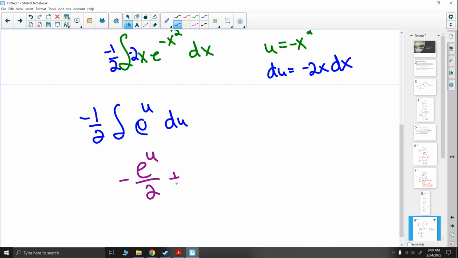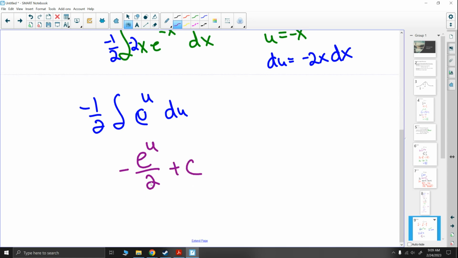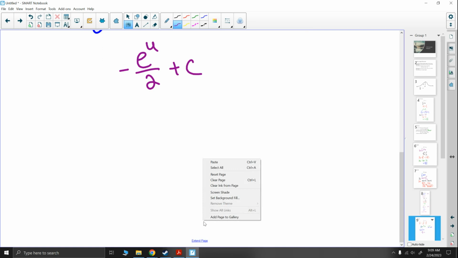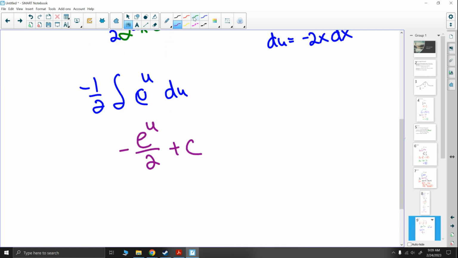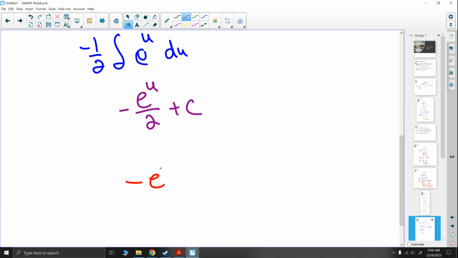Plus c, technically. And then we replace the u's back with what we said. That was a negative x squared for u. So that is negative e to the negative x squared over 2 plus c. This is our f of x.